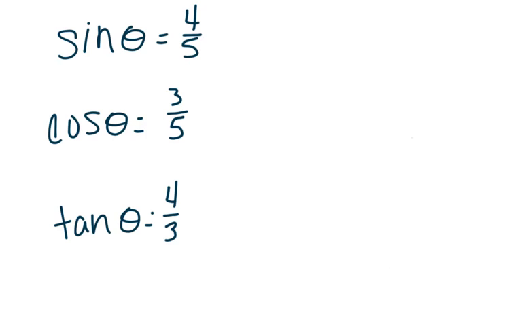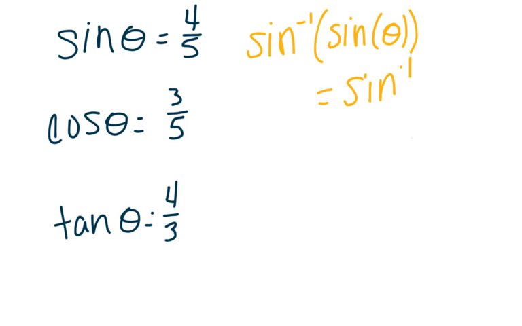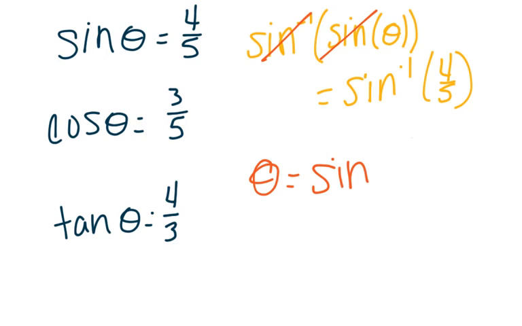Now to solve for theta using sine up here, I'm going to take the inverse sine of both sides, and then the sine inverse cancels the sine, so then I'm left with theta equals sine inverse of 4/5.